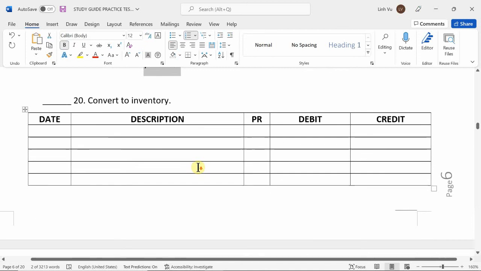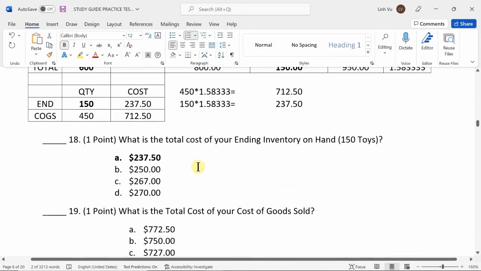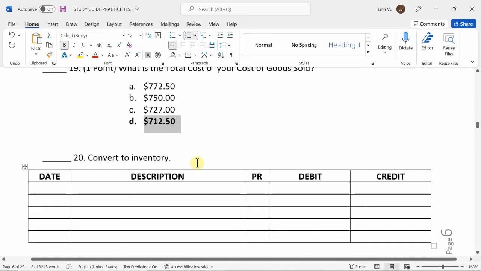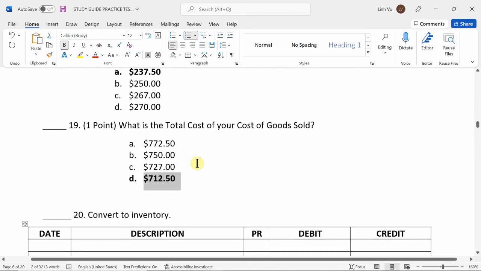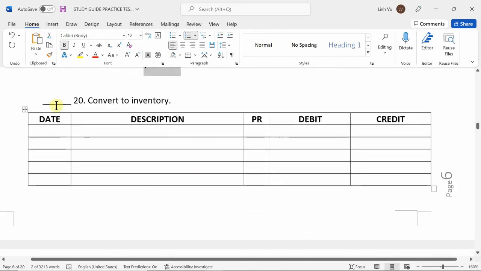So how do I do a conversion entry if I'm assuming these are the numbers that I'm using? If my ending balance for my ending inventory was $247.50 and my cost of goods sold was $712.50, how do I do my conversion entry? Assuming it's June 30th.